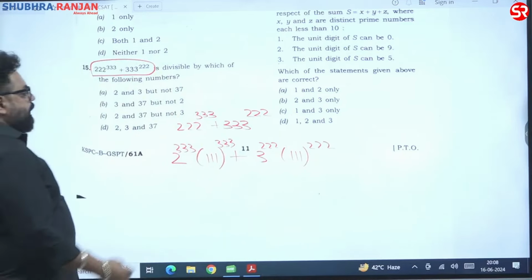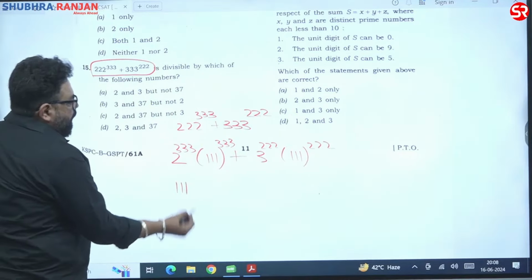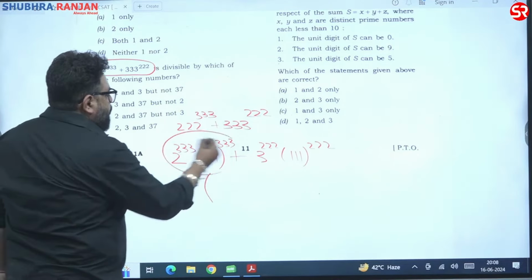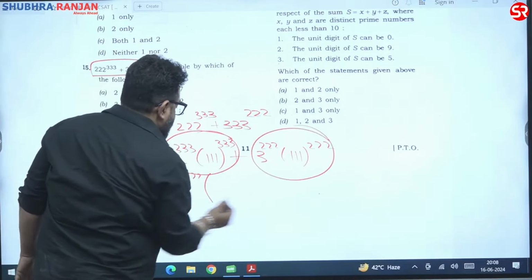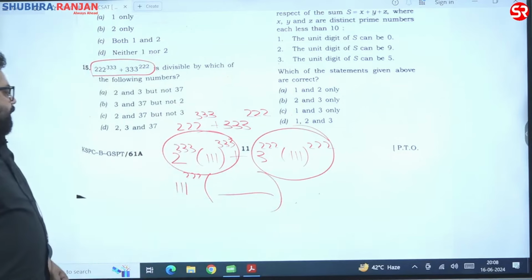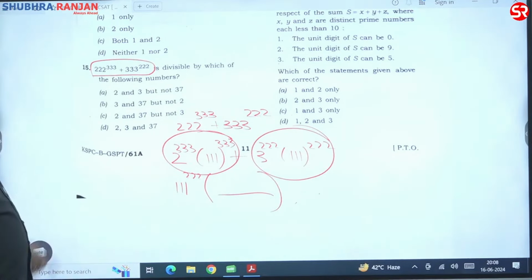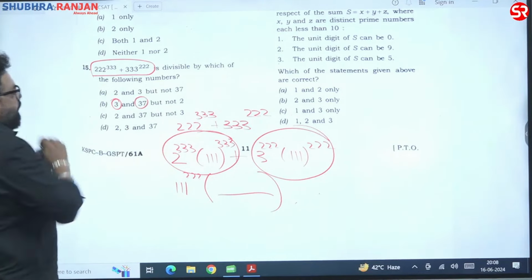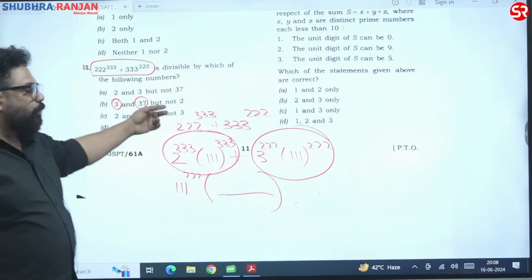And then you see that you can take 1 raised to the power 2 common, right? From here also and from here also, whatever is left is gone. I don't care. Now 111 is exactly divisible by 3 and 37. We know this.